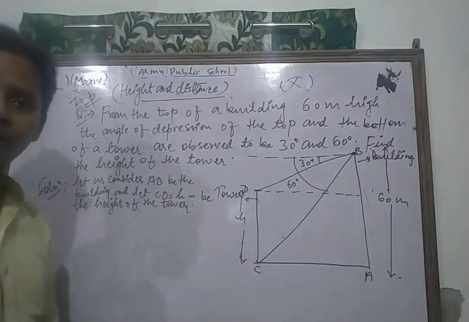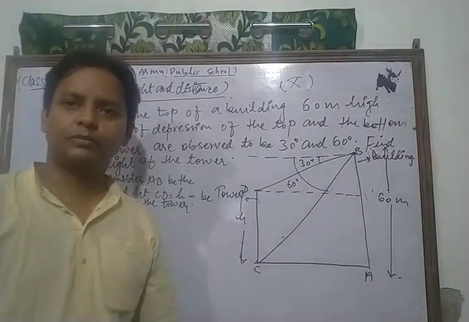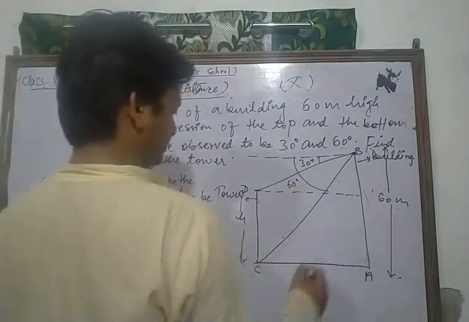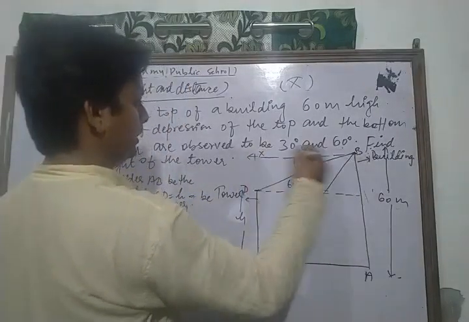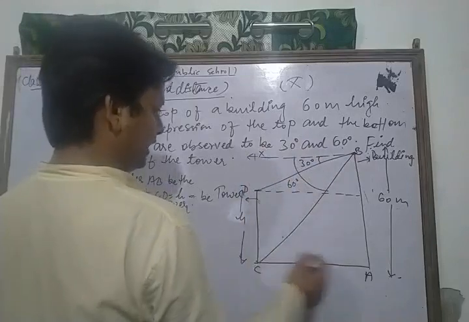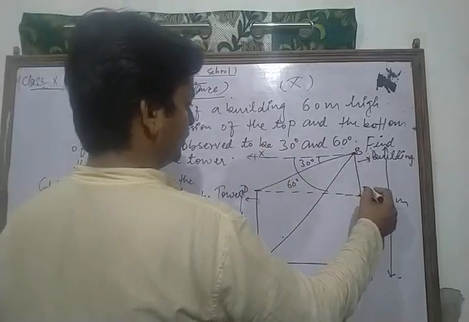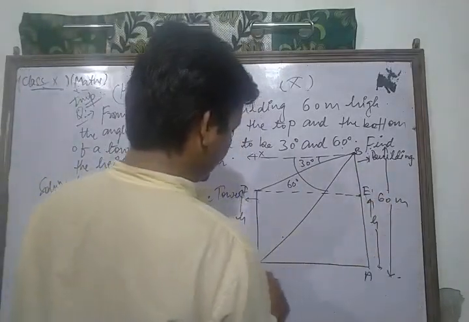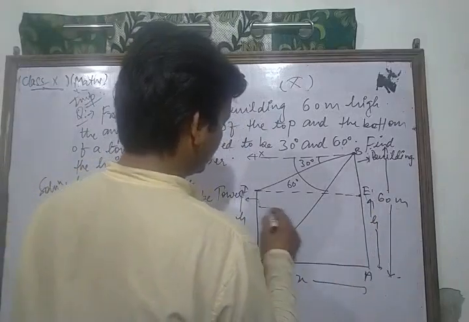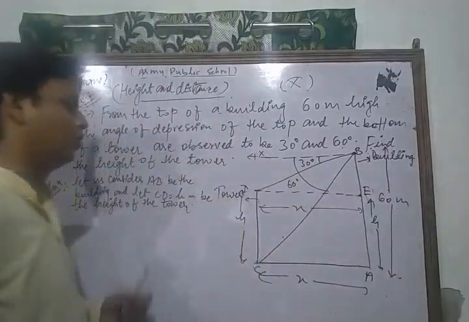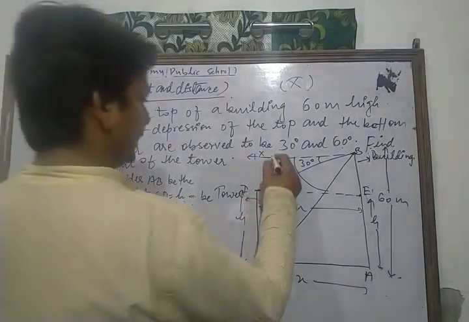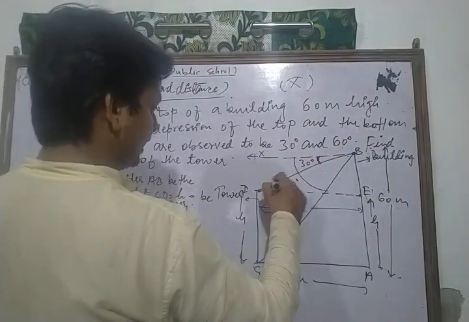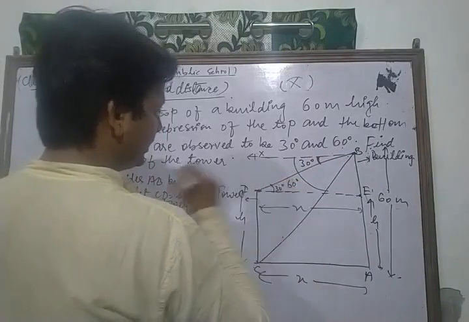Now you know the concept that alternate interior angles are equal. If we draw a line BX parallel to AC and DE, taking E, this is H, and this is also equal to H. We take AC equal to X, so this is also equal to X. Now BX is parallel to DE and DB is a transversal, so that angle is equal to that angle, as alternate interior angles are equal.